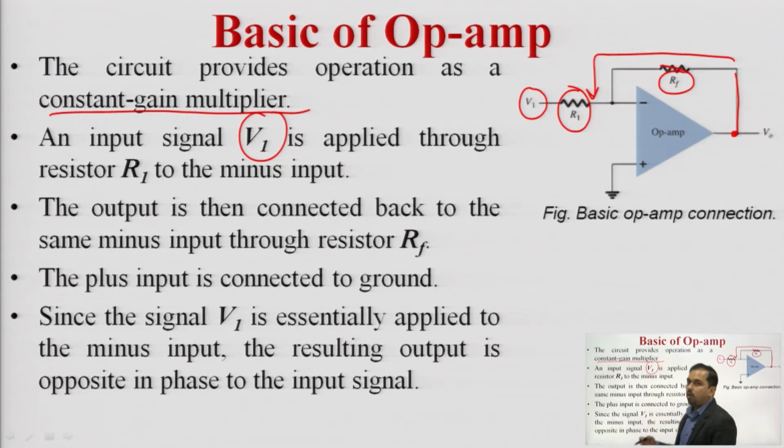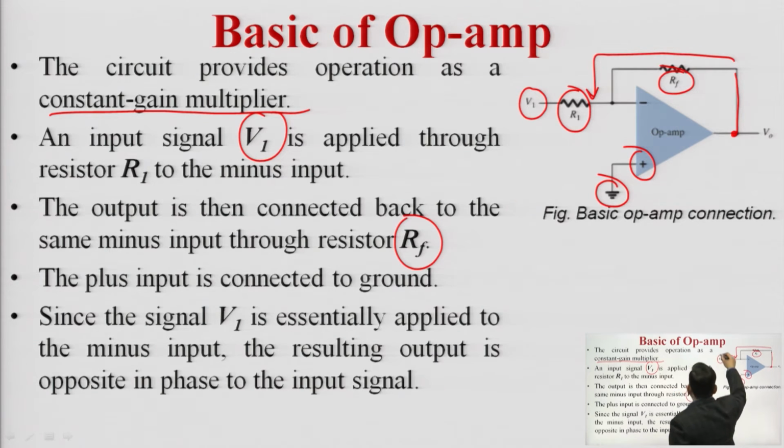We will talk about this: this op amp is in a closed loop configuration, whereas if we are not using a feedback RF, then it is known as an open loop configuration. The output is connected back to the input side with the help of this feedback resistance.